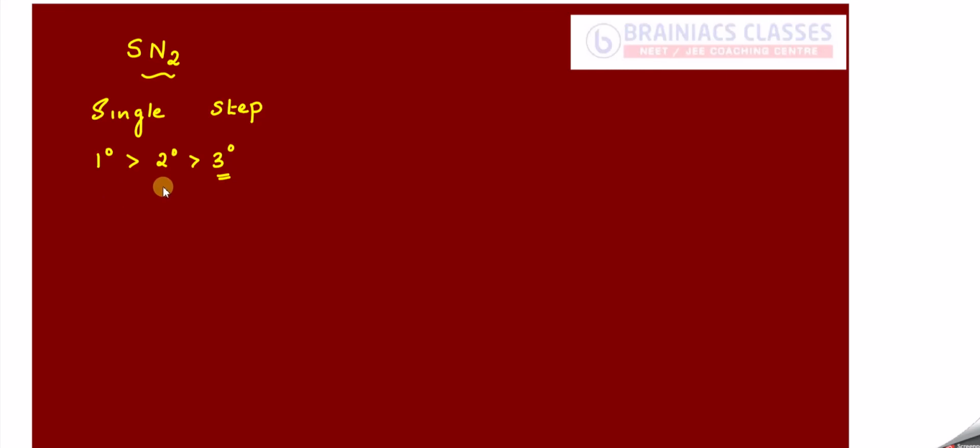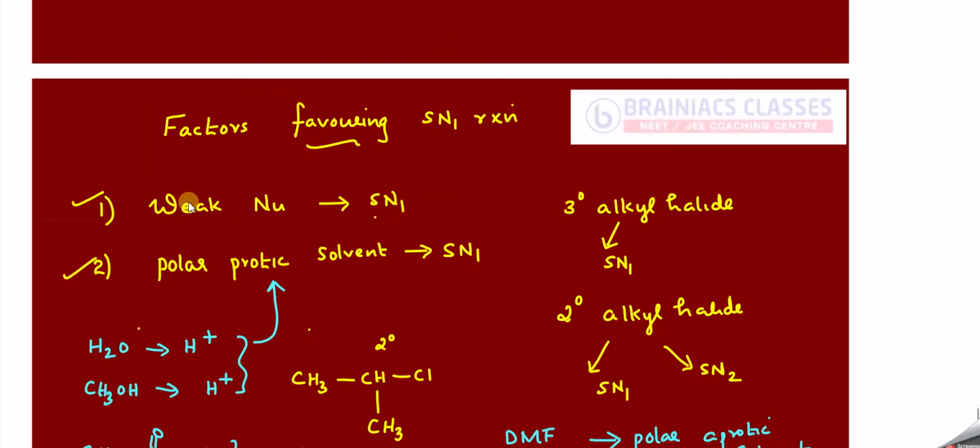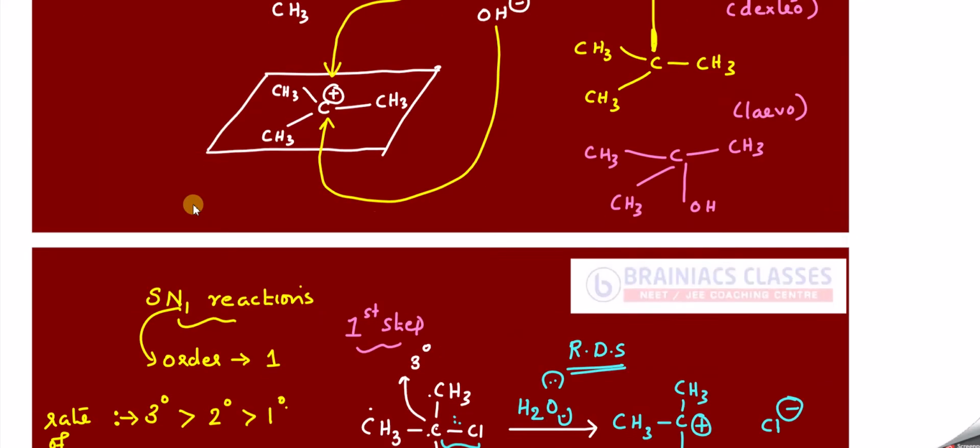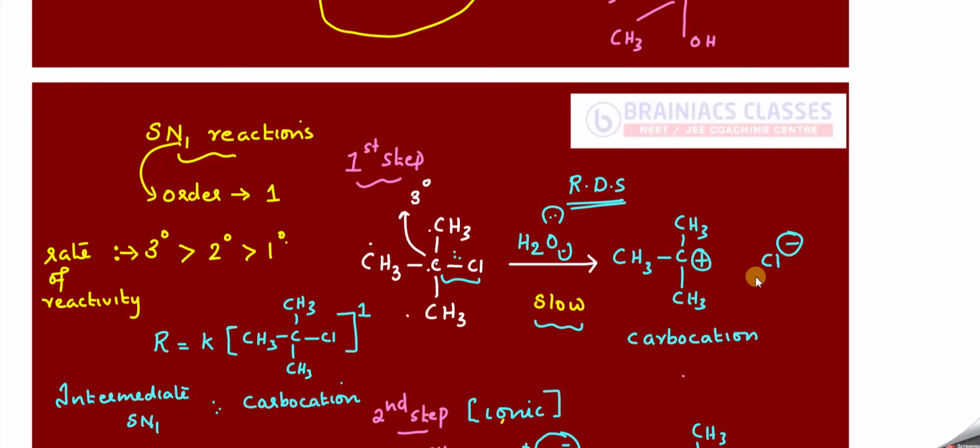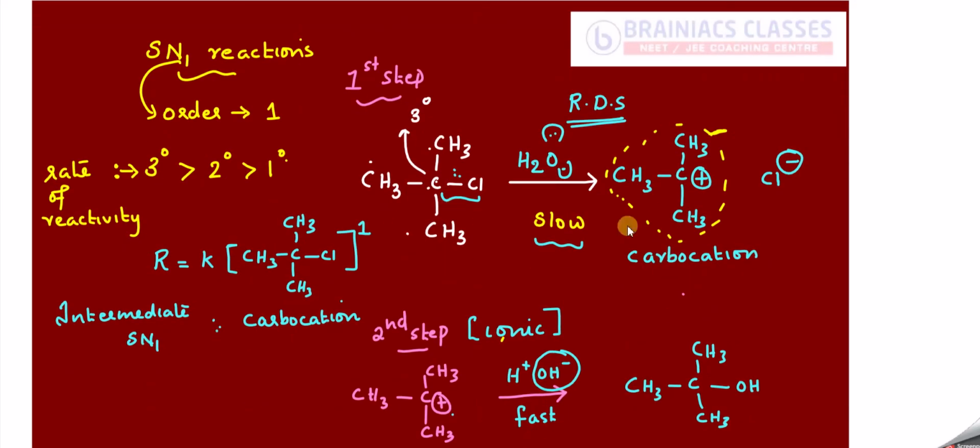Now what is the important factor that governs SN2? In SN1, what was the important factor? We can say the intermediate that is formed. If the intermediate formed is a stable one, then only it will go to step 2. Otherwise, if the intermediate is not stable, this carbocation will die out in the reaction medium and there will be no second step.